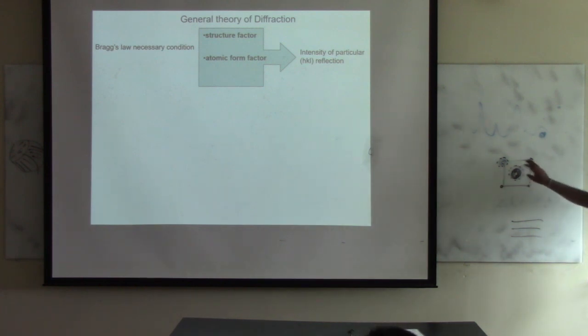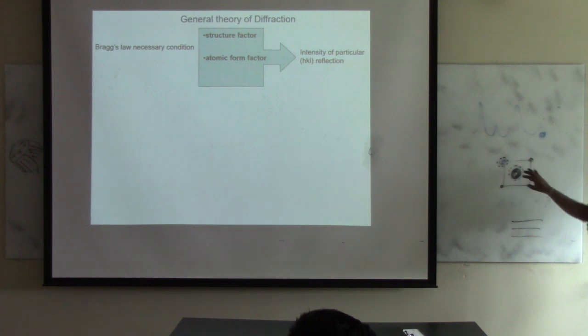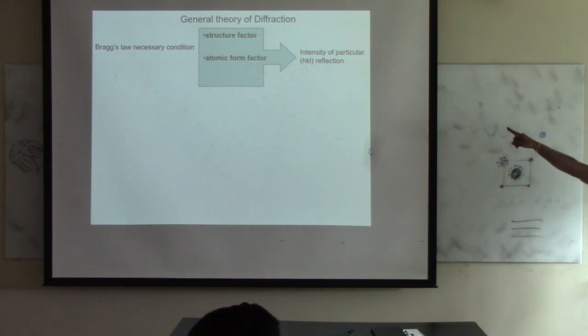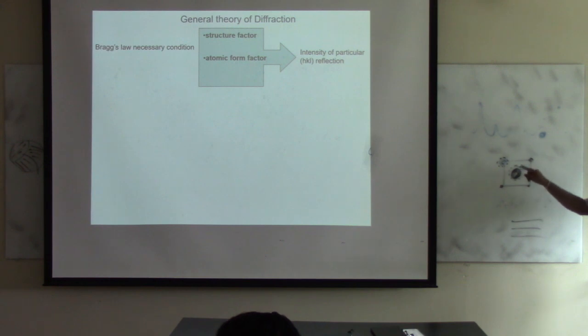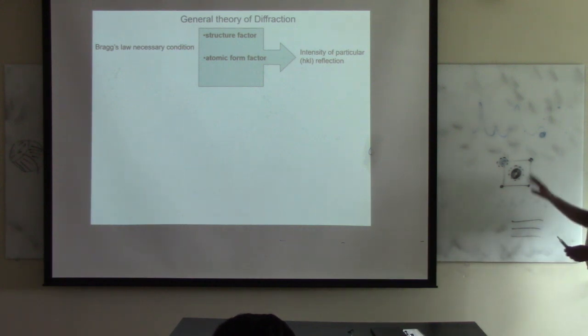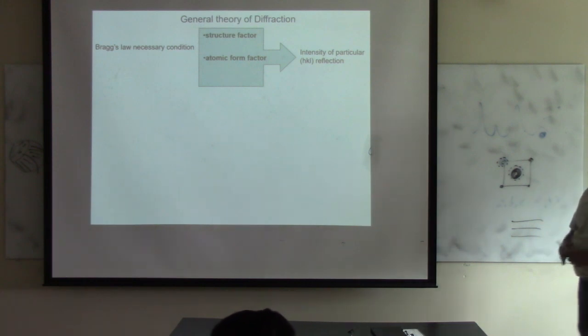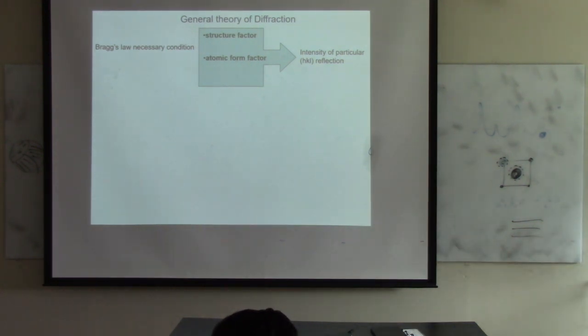That means we need to know the electron configuration, or the electron count of each atom. That is given by the atomic form factor. Atomic form factor tells you how the charges are spread at that atom. So the intensity is mostly governed by the atomic nature of that atom.